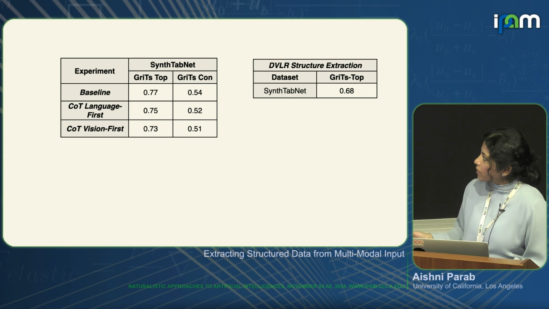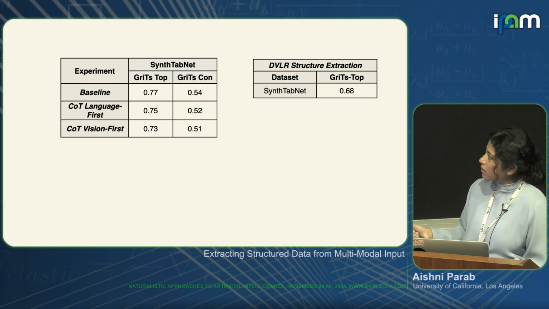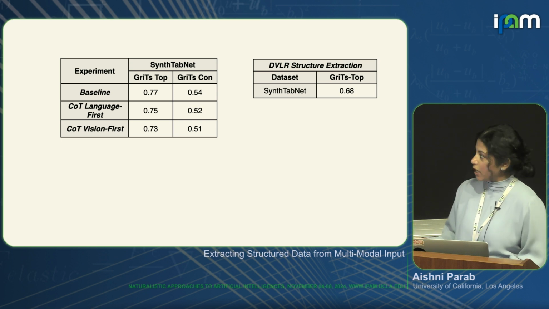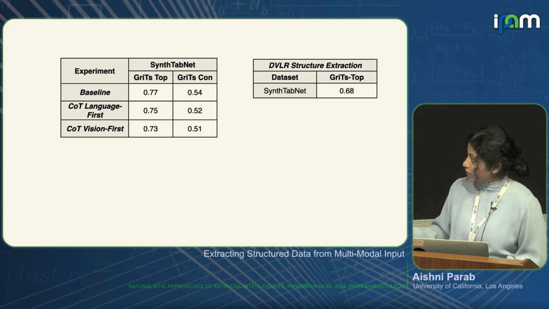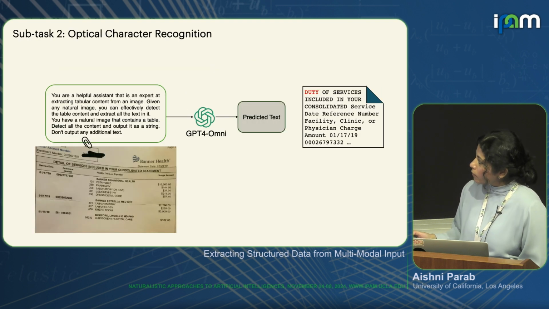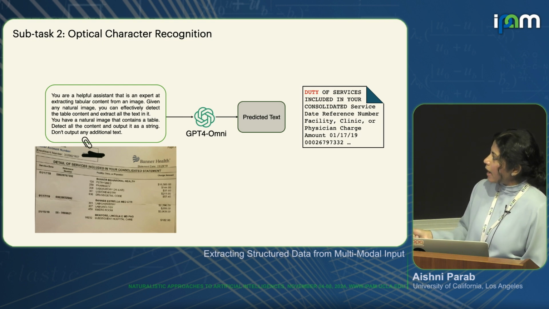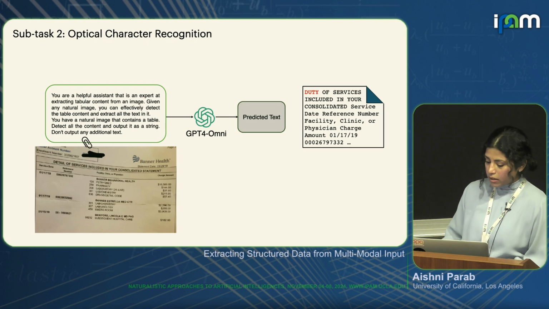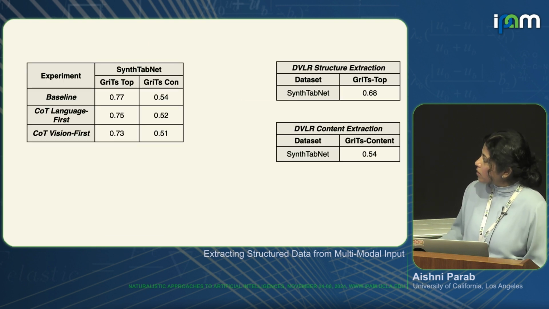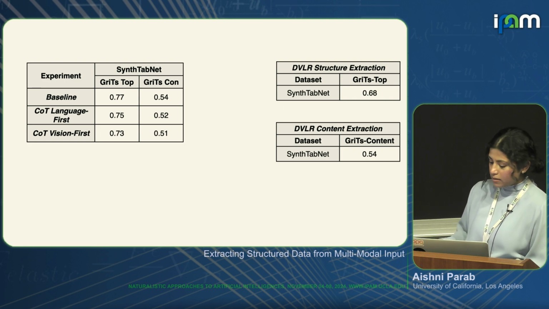What we found was that it got about 68% correct, which is still worse than baseline, which is strange because I would have expected this to be higher. And then for OCR, I passed this prompt to the model, and I asked it to extract the OCR content from this. And we found that the OCR was comparable to the baseline.